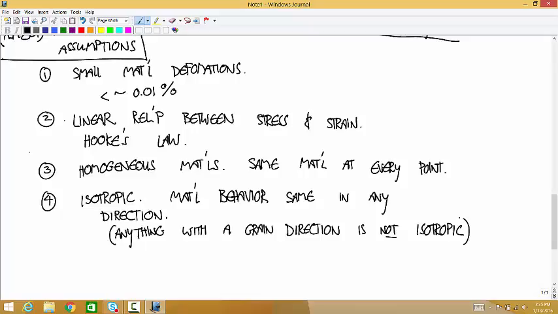If you apply 10,000 newtons to a blob of silly putty, it deforms a lot. If you apply 10,000 newtons to a big chunk of steel, it doesn't deform very much. So let's say this depends on the material and the loading environment.